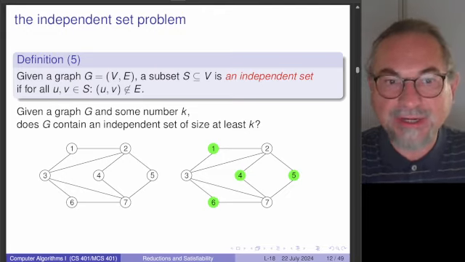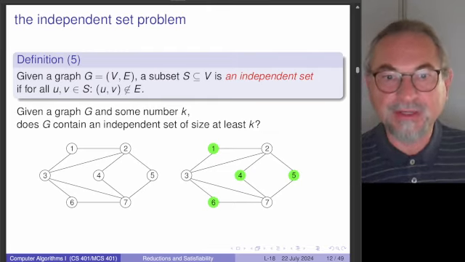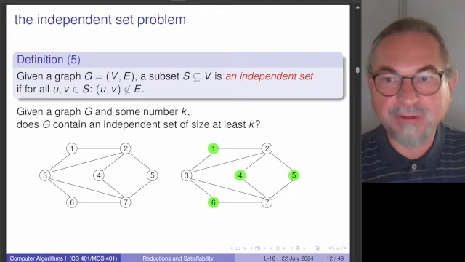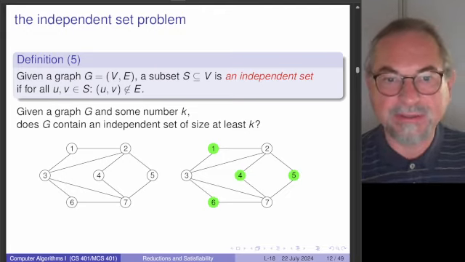Here you see an example with 7 vertices. You could see this as a social network, and the people for which there is no connection do not depend on each other. So there are no social interactions between any of the people in this independent set.